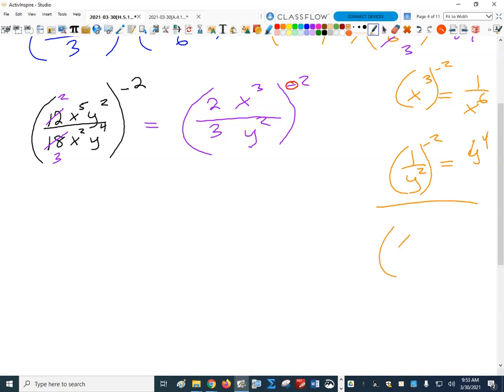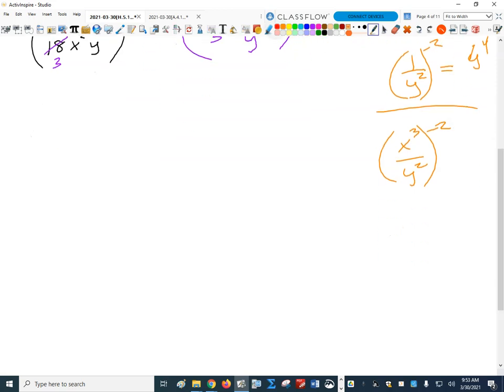What if I have x cubed divided by y squared to the negative 2? Do you see that I'm flipping this whole thing, right? So the moral of the story is this is really cool. If ever I have a fraction taken to a negative exponent, all I have to do is flip the fraction and make it to the positive. Everybody see that? That's really cool. So we get y squared over x cubed to the positive 2, which makes it simple.